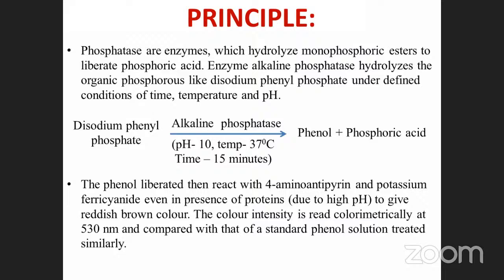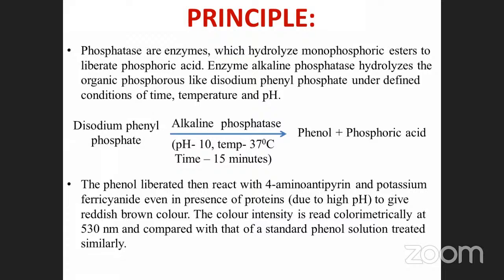You know ester groups. Monophosphoric means it contains a single phosphate. Give an example of a monophosphate: AMP, adenosine monophosphate. ADP is diphosphate, ATP contains 3 phosphates. They hydrolyze monophosphoric esters to liberate phosphoric acid.